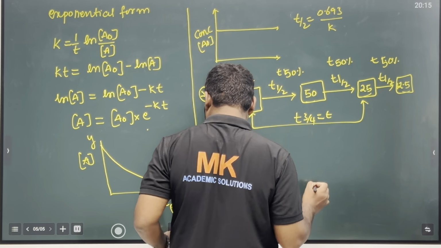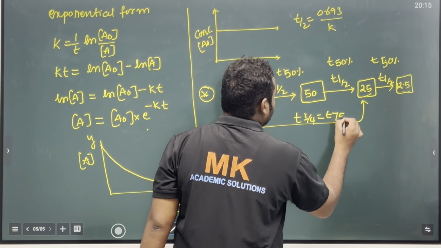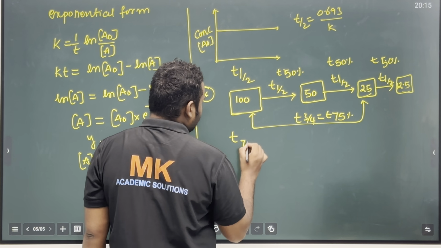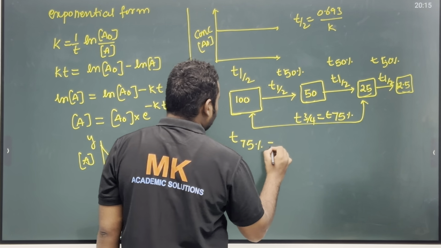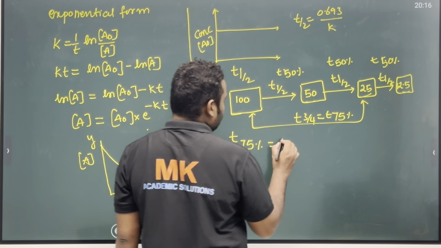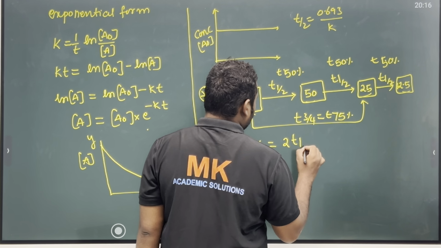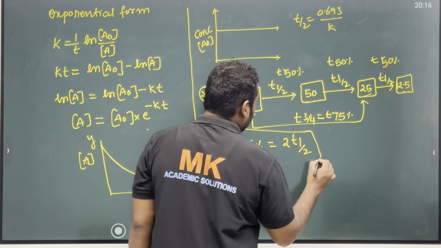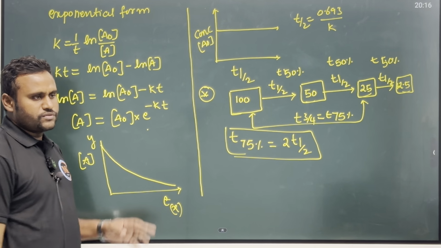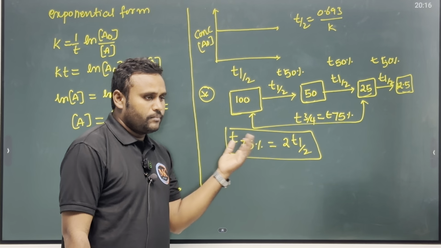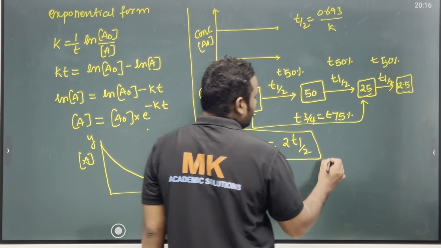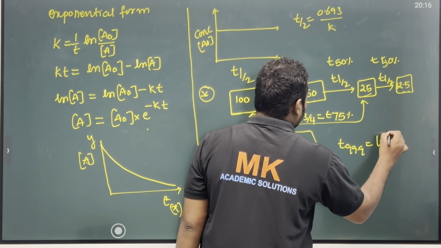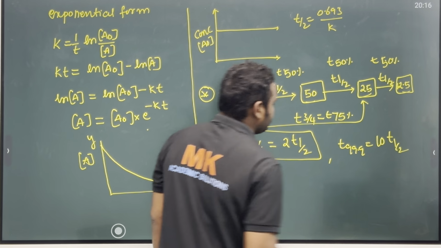Here it is what? T 75%. Okay. So therefore T 75% is equal to how many T halves? 2 T halves. Okay. So this is a very important point, and T 99.9% is equal to 10 T halves.